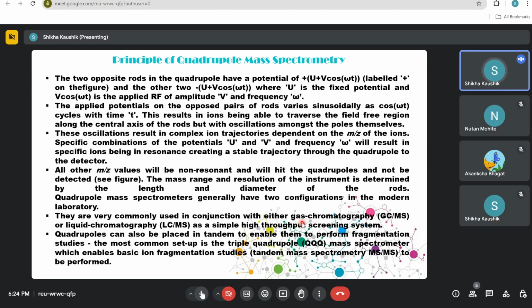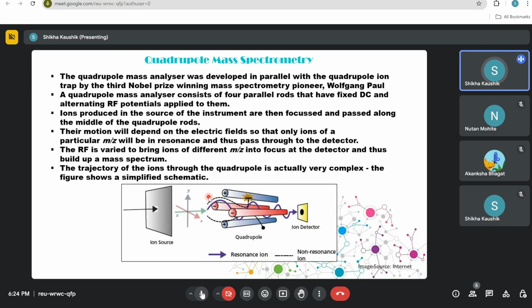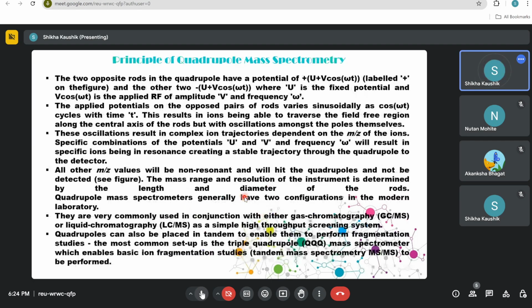See here, these ions are hitting the rods because they are not in resonance. So imagine this a little bit in 3D: you have an electric field and you have a lot of ions with some mass to charge ratio, right? So some of these ions will not experience any resonance, depending upon their mass to charge value, and they may directly go and hit these rods. So in that case, these ions will not be detected by the detector.